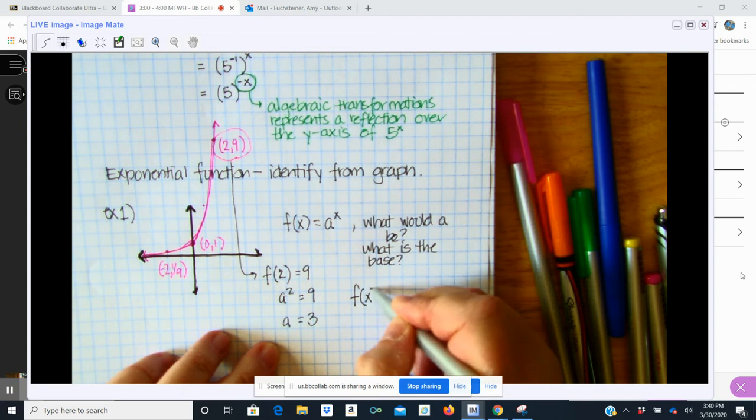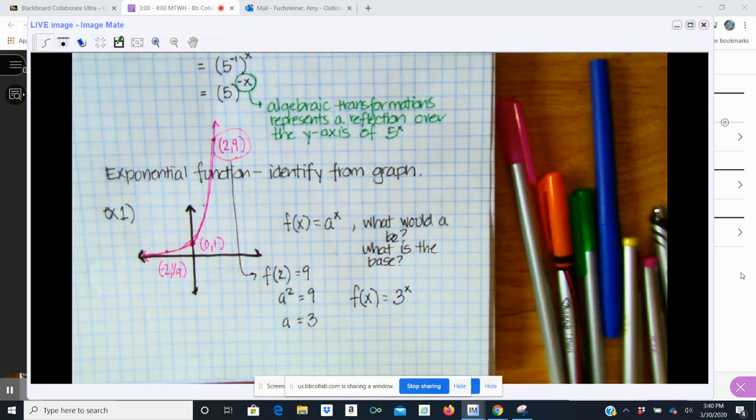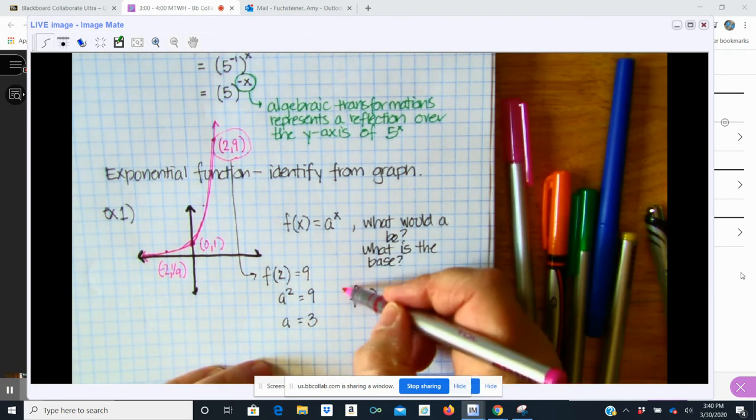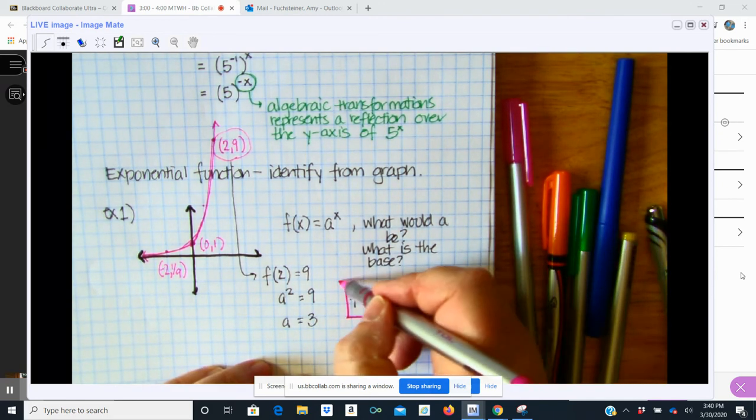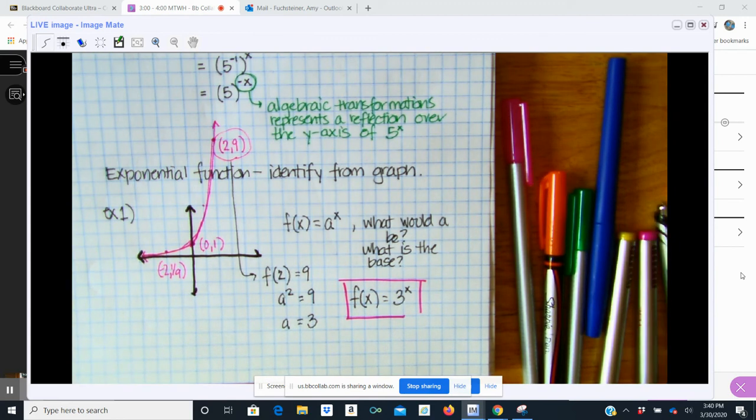And this would be f of x is 3 to the x. Braden, Nate, anything? No, I understand. Okay. Beautiful.